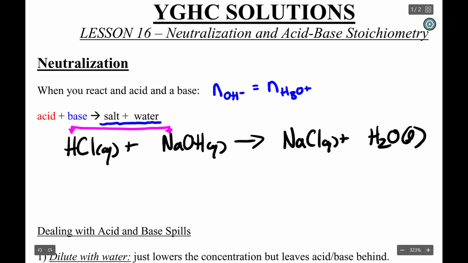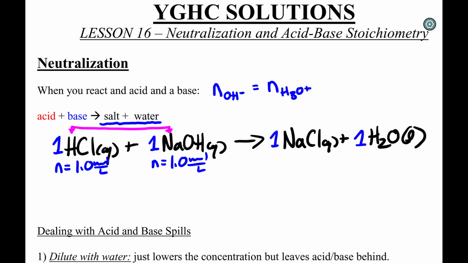Now, this would be a complete neutralization if the number of moles of this, let's just call it 1 mole per liter, reacts with an equivalent number of moles of the base, let's call it 1 mole per liter, because this is a 1 to 1 to 1 to 1 mole ratio. After these things react, there would be none of this left, and therefore I'd only have literally salt water left.